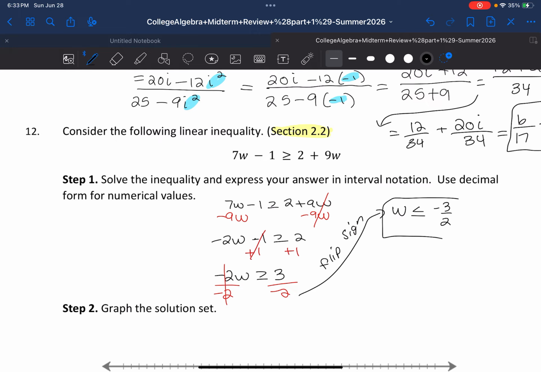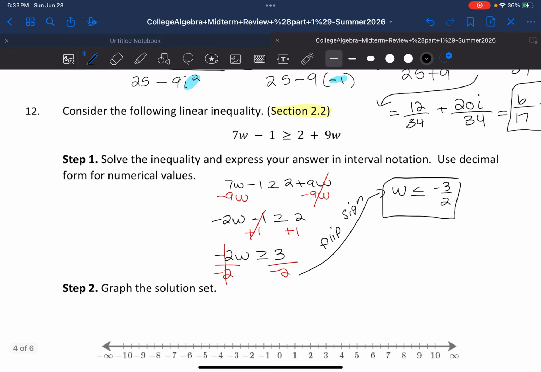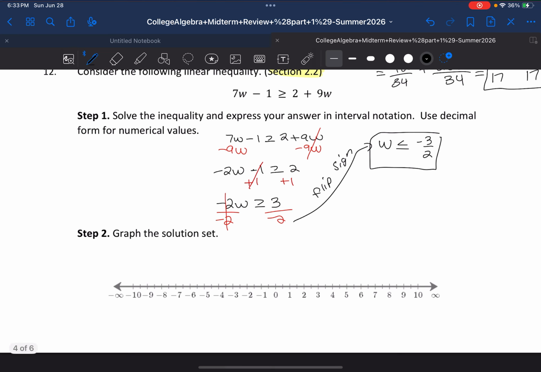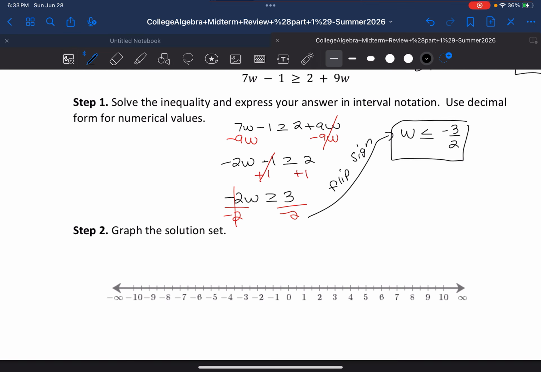And this would be the answer in inequality notation. But they want me to write the answer in interval notation. So before I do that, I'm going to graph this on the number line.